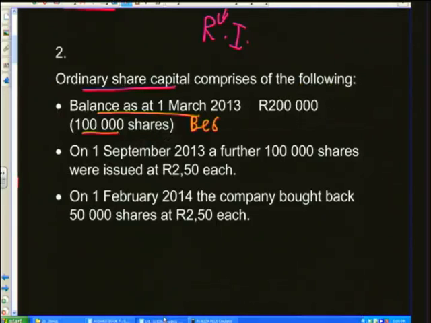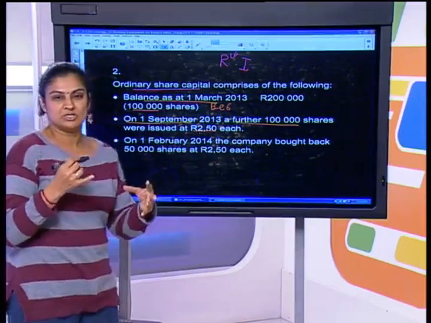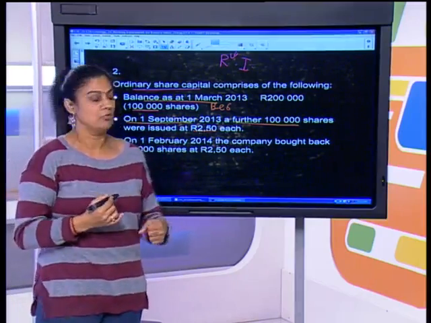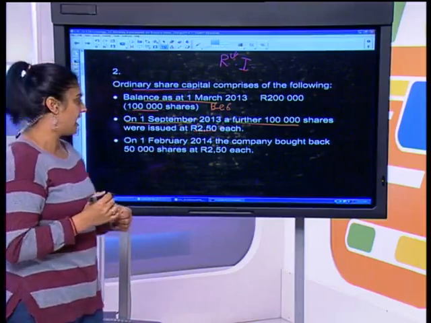On the 1st of September, so this is obviously during the year, 2013, a further 100,000 shares were issued at R2.50 each. Right, so during the year, you obviously now issued more shares or you sold more shares to your shareholders and your issue price was R2.50.